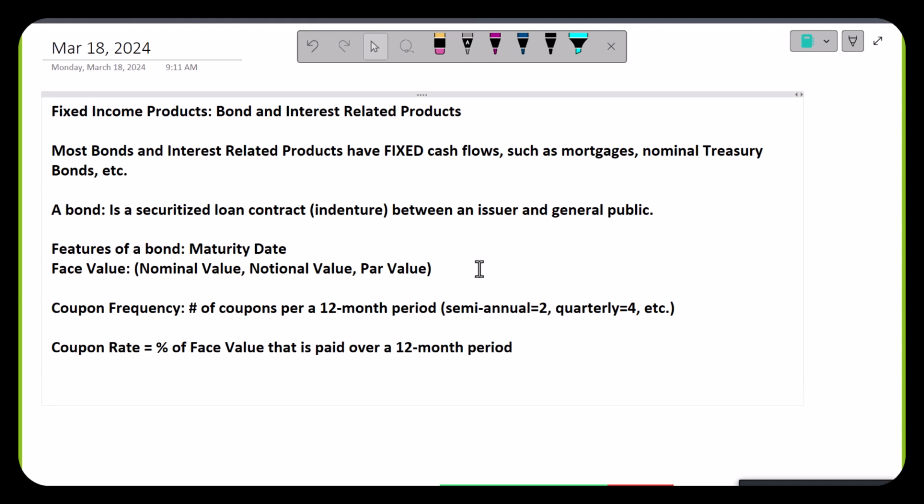So if I say the bond has a 7% coupon rate, that means over a given 12-month period, you will get 7% of the face value as total amount of coupons. So face value typically is $1,000. If it's $1,000, a 7% coupon rate bond will pay you $70 per 12-month period.